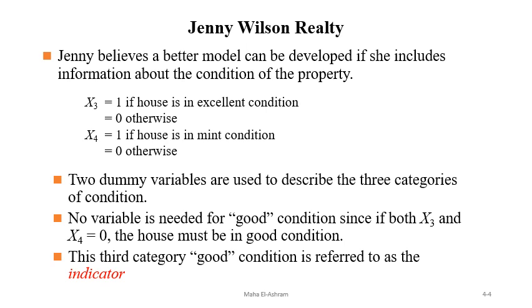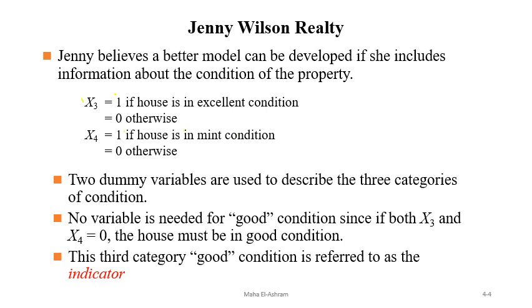So now if you look at the first variable here, which is x3, here it is, x3 is equal to 1 if the house is in an excellent condition, and it is equal to 0 otherwise. x4 is equal to 1 if the house is in mint condition and equal to 0 otherwise.